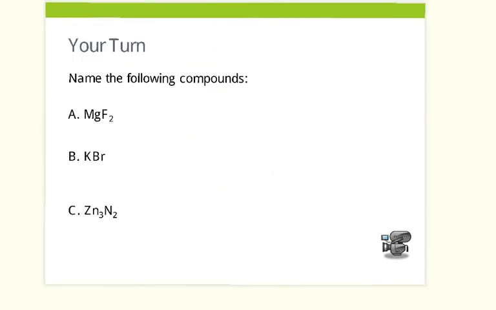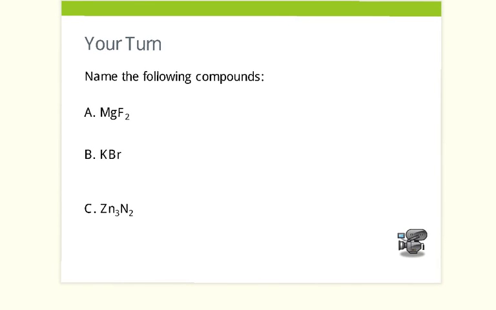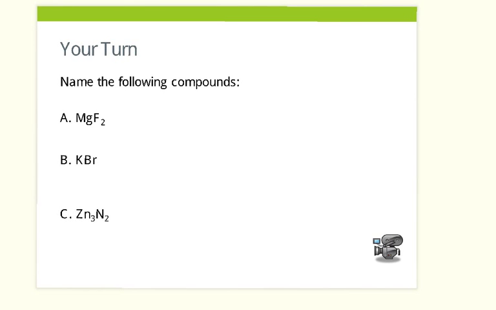Okay, you go ahead and give this a try and then replay the video to see if you got the correct answer. So magnesium here forms one type of cation, which means that we just write it like so, magnesium, and then fluoride is our base name of our anion plus the "ide" ending.